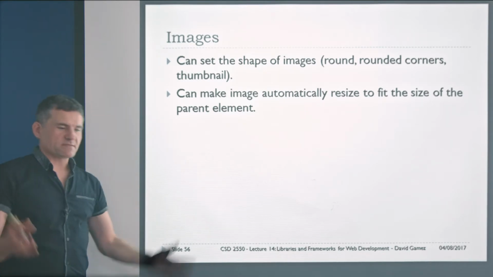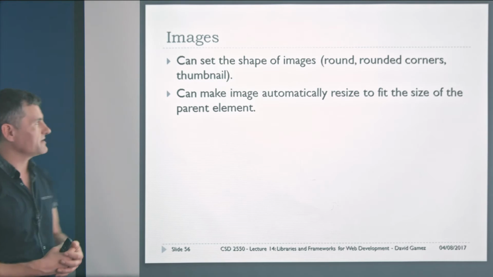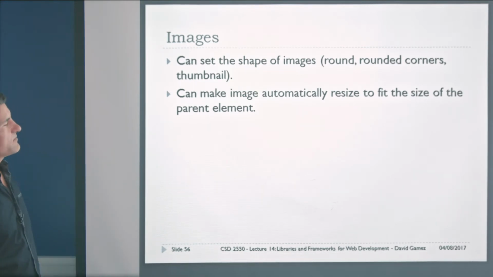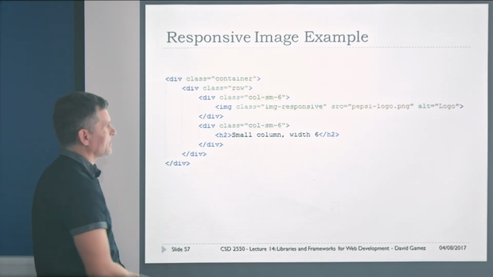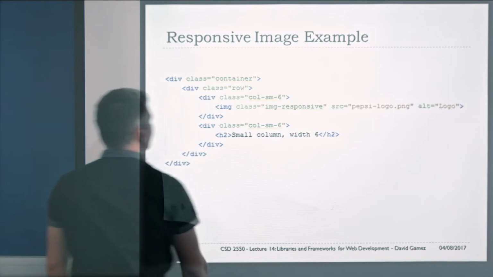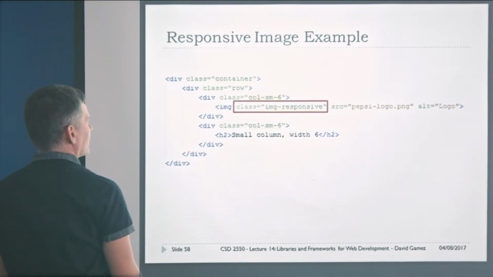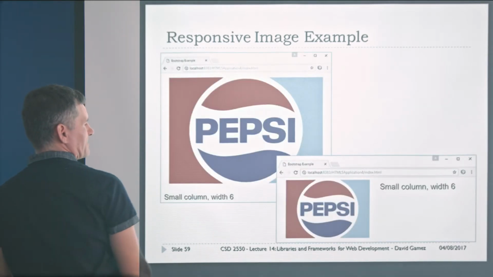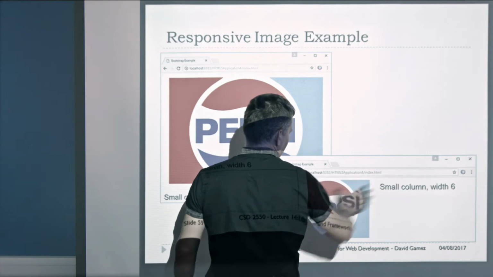Bootstrap will also do clever things with images. It will scale the images dynamically to make use of the available screen space, which can be useful in some circumstances. So here's a little responsive image class. We just give it the class image responsive, and then it will scale to fit the size of the column that it's included within. Here we've got the image with a wide page, and it's about the same width as the text.